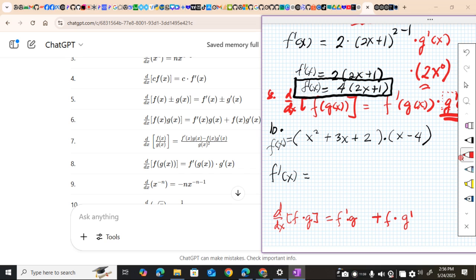So essentially that's it, and then we try to follow that.